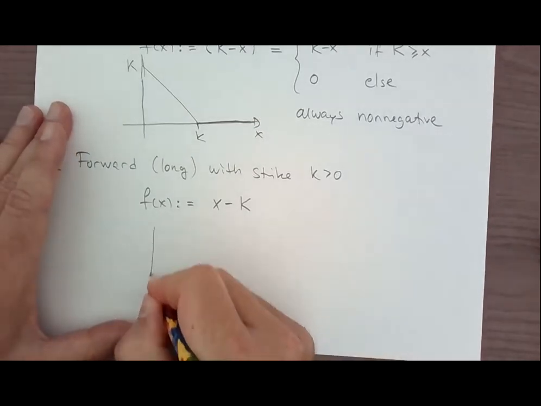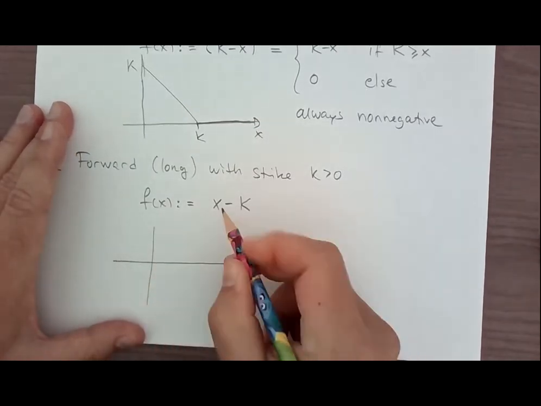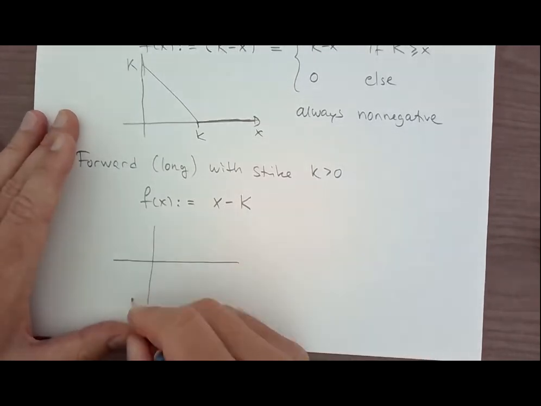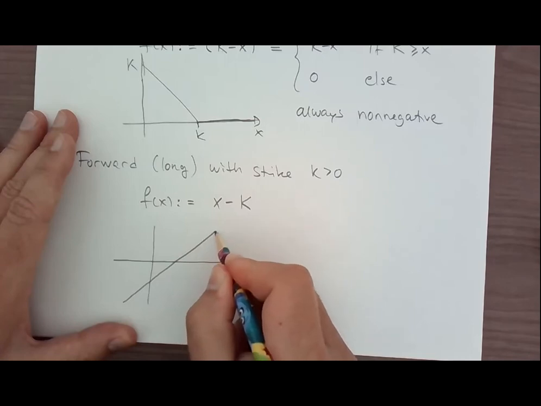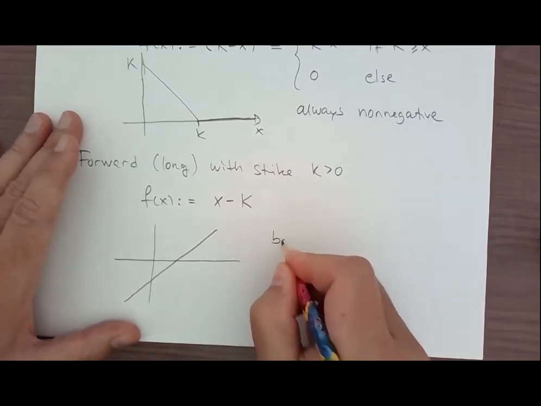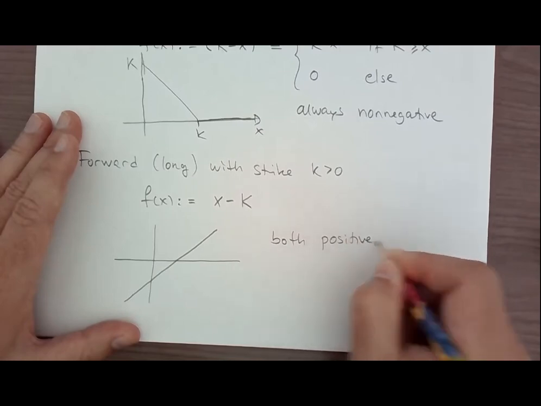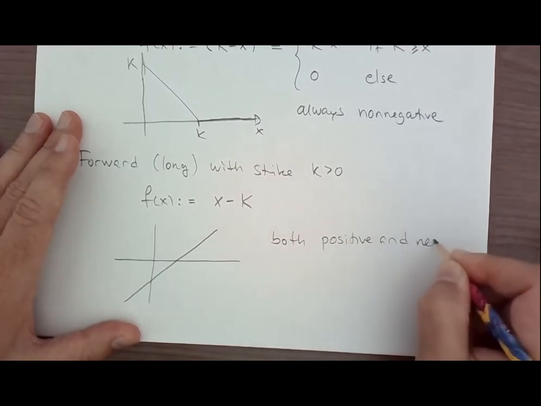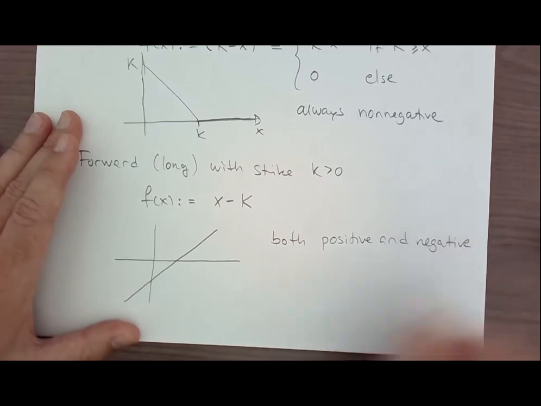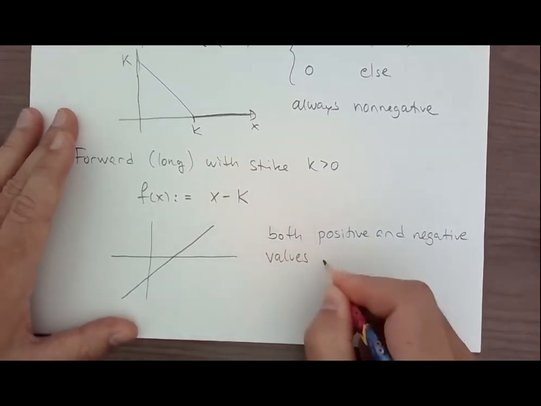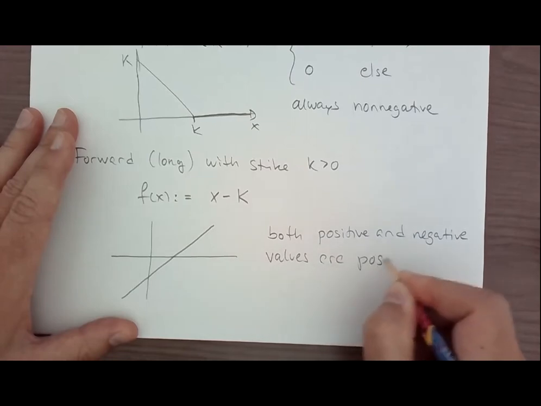And as we talked about last time, this is different. This can be both positive as well as negative. So it will look like this. Both positive and negative values are possible.